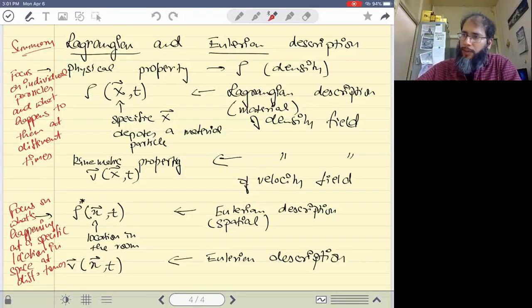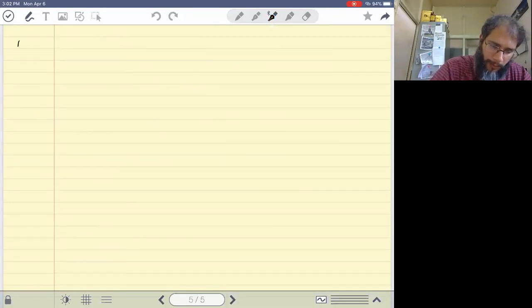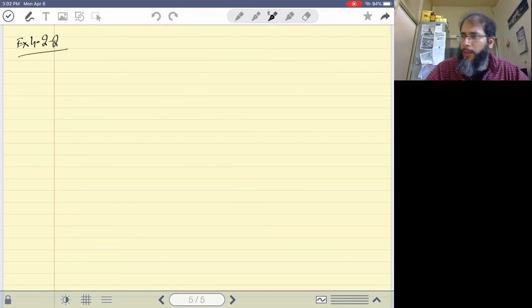So let's look at an example. Example 4.22. It says you have to find the velocity and acceleration for a given spatial location.